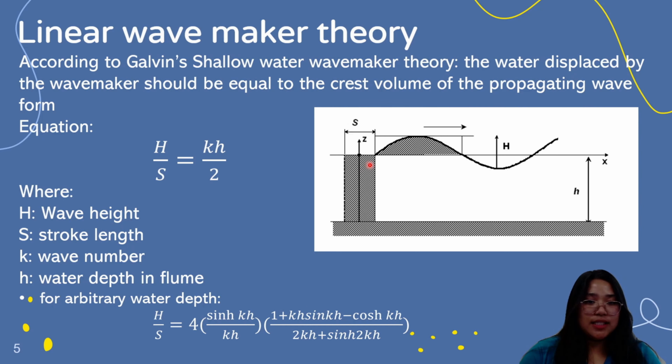In this photo, you can see that the volume displaced during this motion is equal to this crest right here. The theory gives us an equation: the ratio of wave height over stroke length is equal to the wave number times the water depth in the flume, all divided by 2, since this is the shallow water wave maker theory.